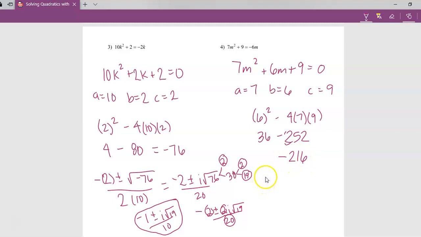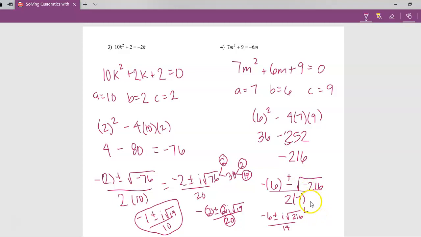There's my discriminant. So then I've got negative B, negative 6, plus or minus the square root of negative 216 over 2 times 7. So this is negative 6 plus or minus i square root 216 over 14. Let's see if we can break 216 down a bit.